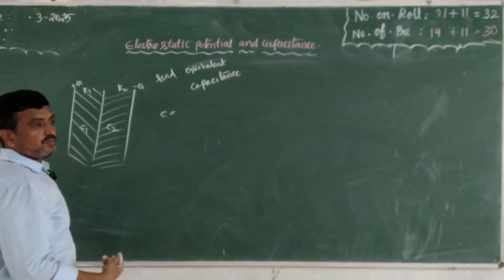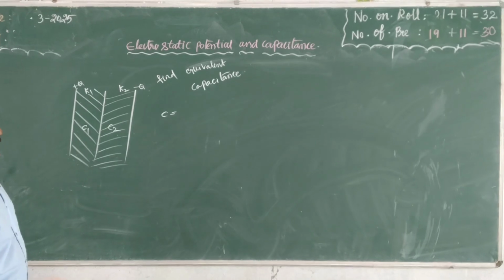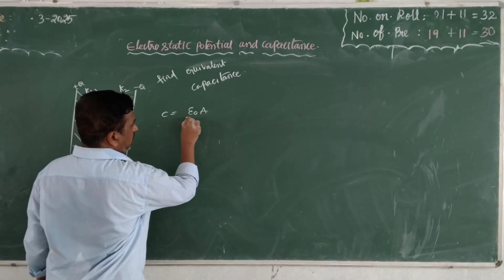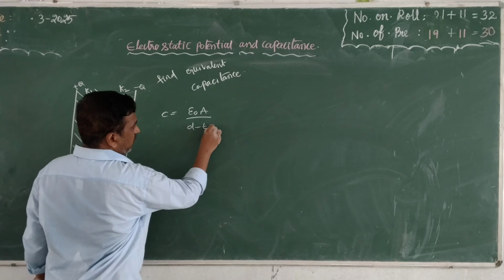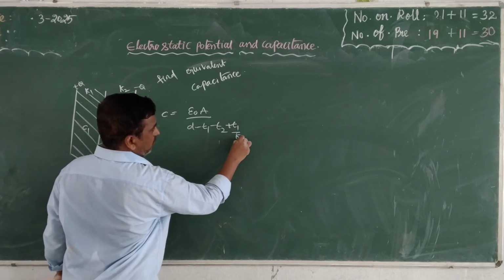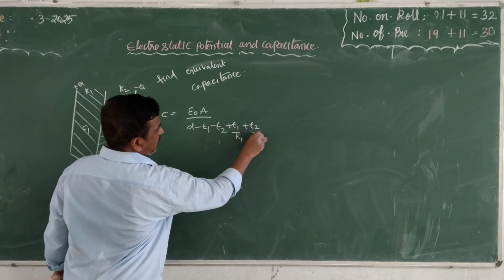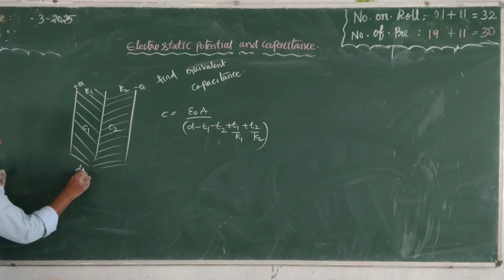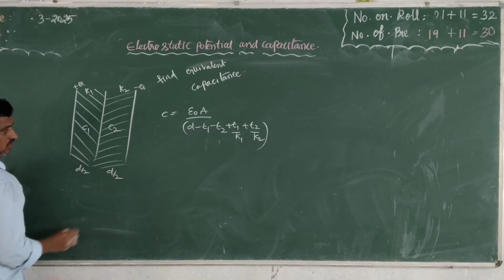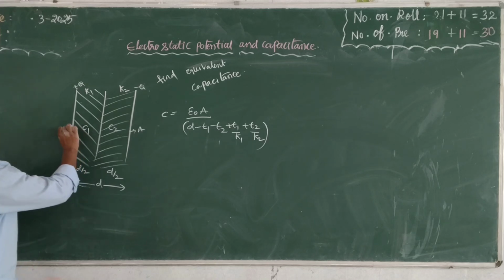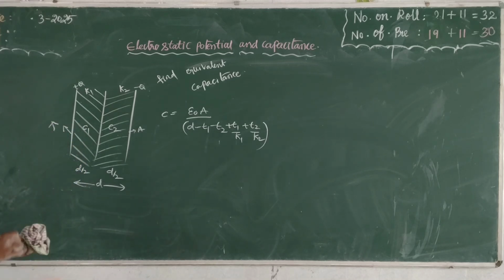Now the capacitance of the dielectric placed between the plates. What is the formula now? C equal to epsilon naught A by D minus T1 minus T2 plus T1 by K1 plus T2 by K2. We can use this one. See here, this distance is D by 2, this distance is D by 2, total distance is D, and the area is A. In this case we want to find the equivalent capacitance.